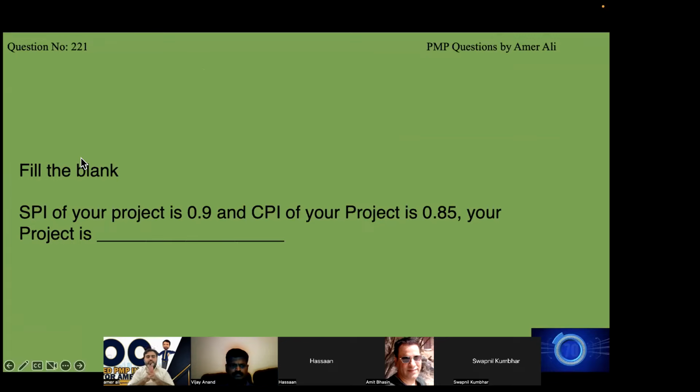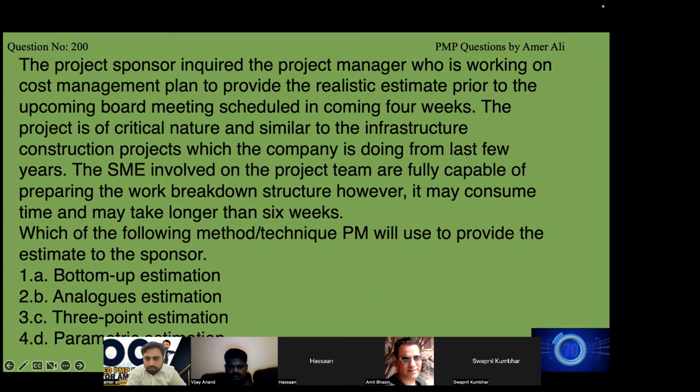Okay, guys, last question. What is the answer? Fill in the blank. You can get one fill in the blank in that exam, so I put one fill in the blank. Put your answer.